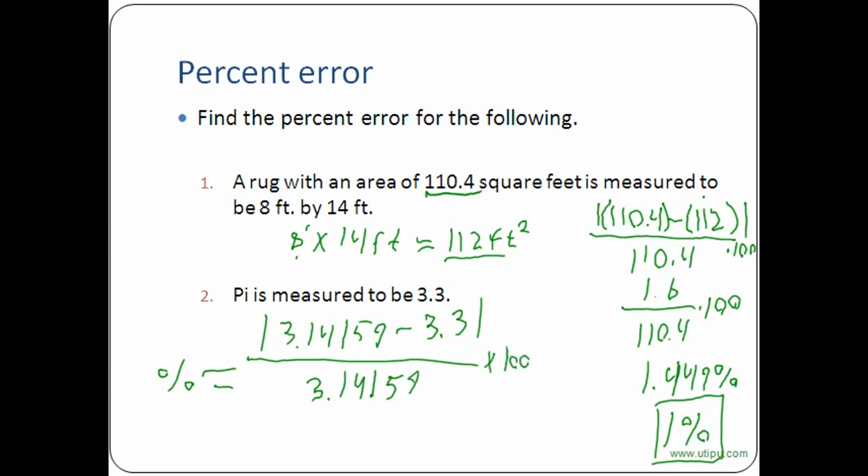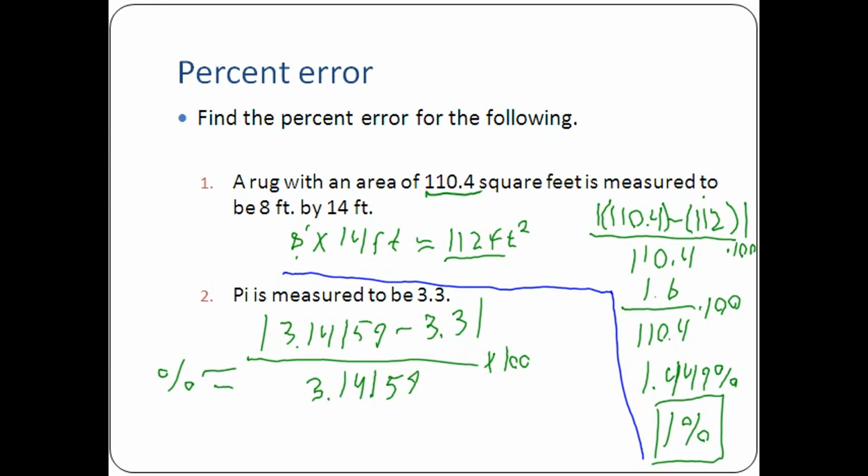And so doing this guy right here, and let's put a little dividing line so we can see which ones are which, like that. So multiplying that out, we say first 3.14159 minus 3.3, and so doing that, we get a total of 0.15841, if you're doing it in your calculator, divided by the number on bottom, which is pi again, 3.14159, and then multiply that times 100.